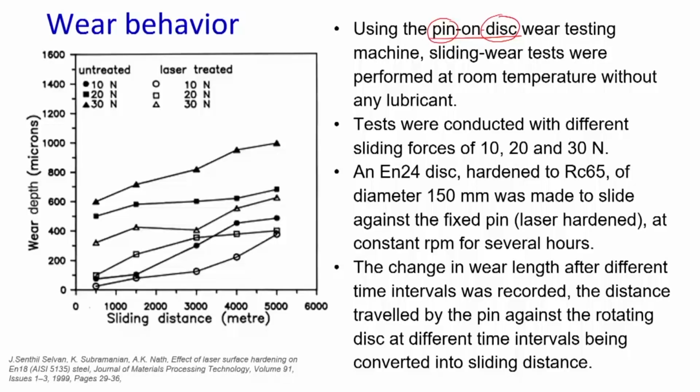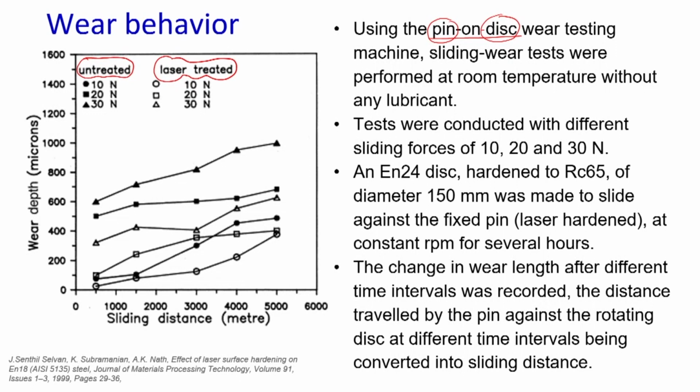So, we would like to verify or study this for laser treated components as well. Here we are taking two different pins. The first pin is untreated, which means it is not treated by the laser, and the other pin is the laser treated pin. Using these two pins, we carry out the rotation of the disc while the pin is in contact.